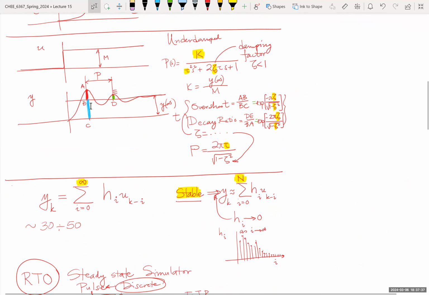No big deal. Yes? Say it again. I started at 0. Here? Yeah. Oh, yeah. I said there may be a direct effect. For i equal to 0, that says y_k is equal to h_0 u_k. So at this very moment, the input has a direct effect on the output.